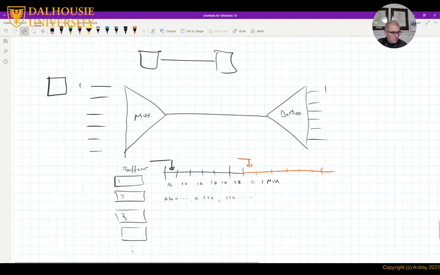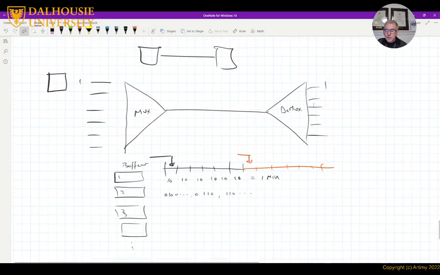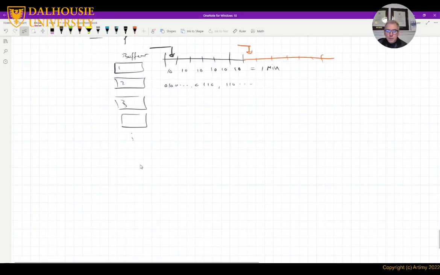So what we do is we add one control bit to each frame, right? In other words, if we take this example again, we'll see that we have one bit sent for each frame. This is for synchronization, right? Then we have a time slot, another time slot, another time slot.